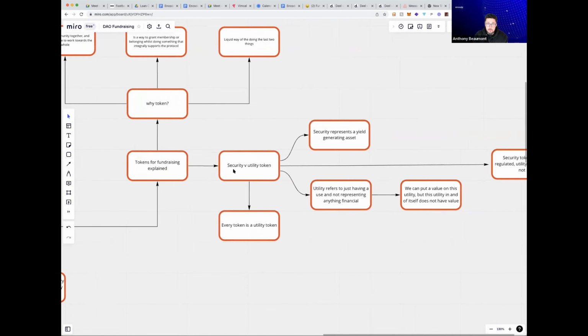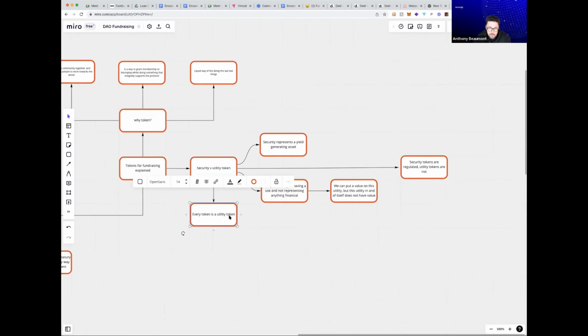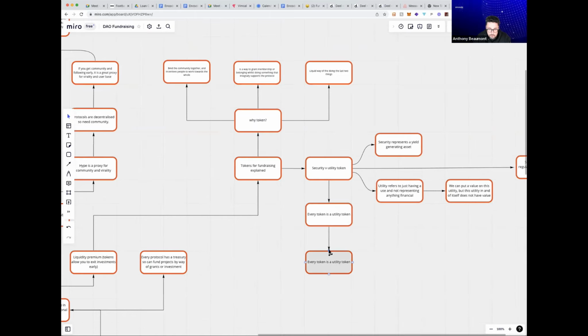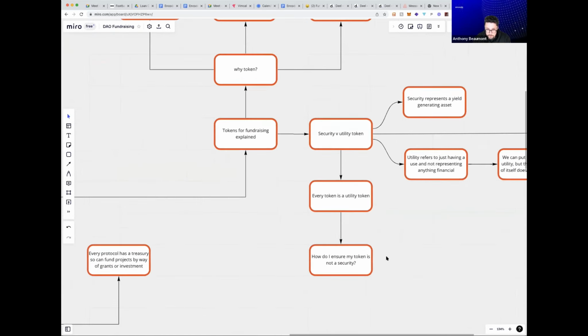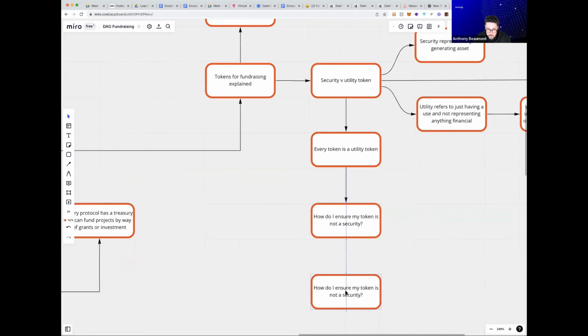Okay, so now Boone asked, how do I ensure my token is not a security? Well, a few ways. One, it should not represent the right to underlying capital or yield.